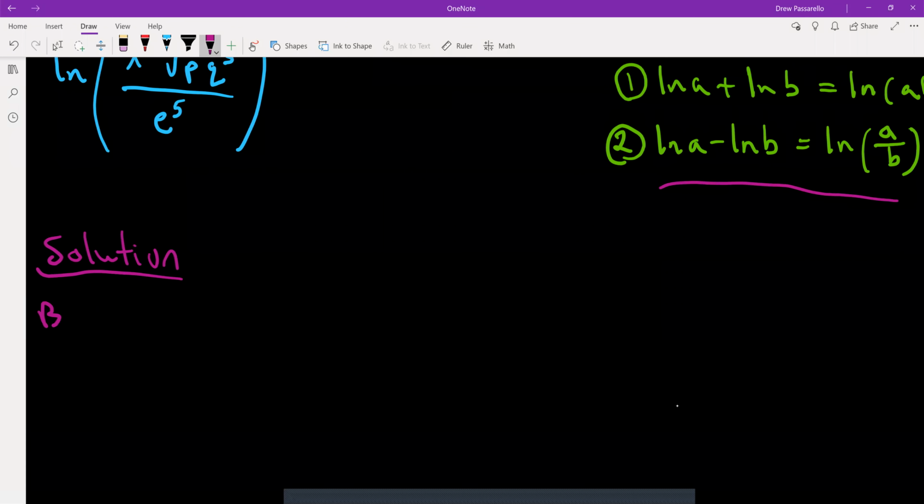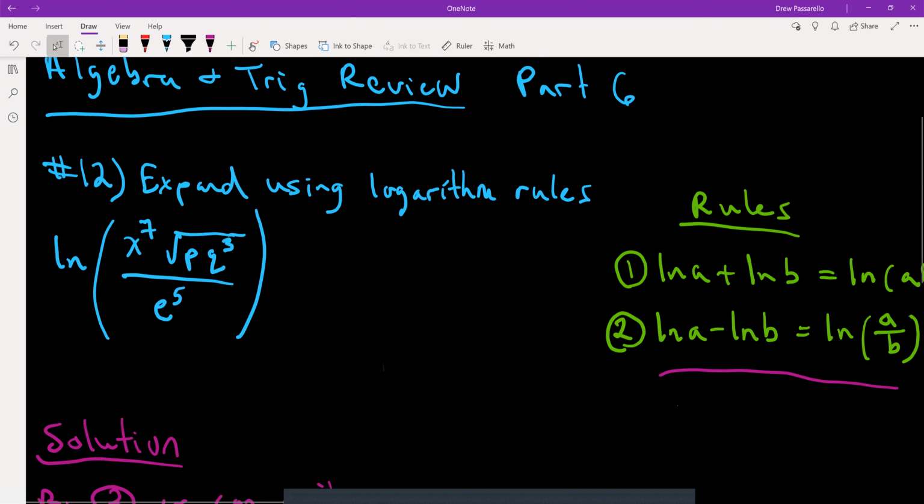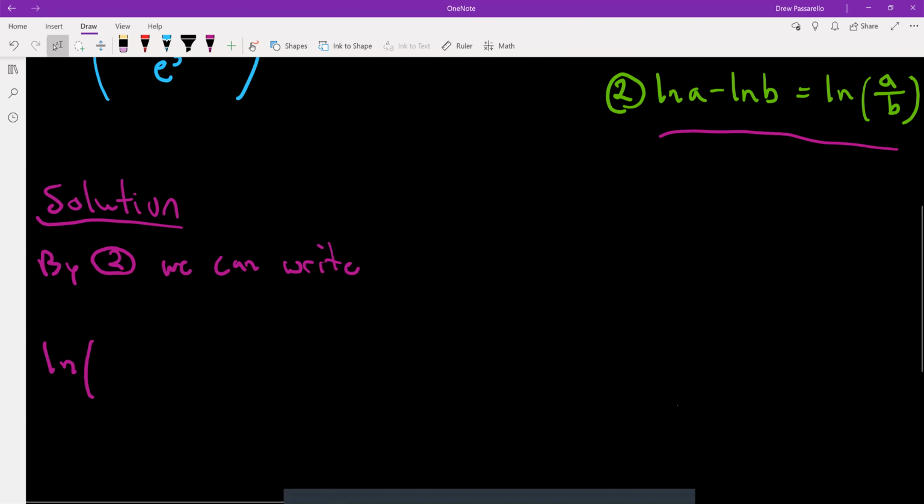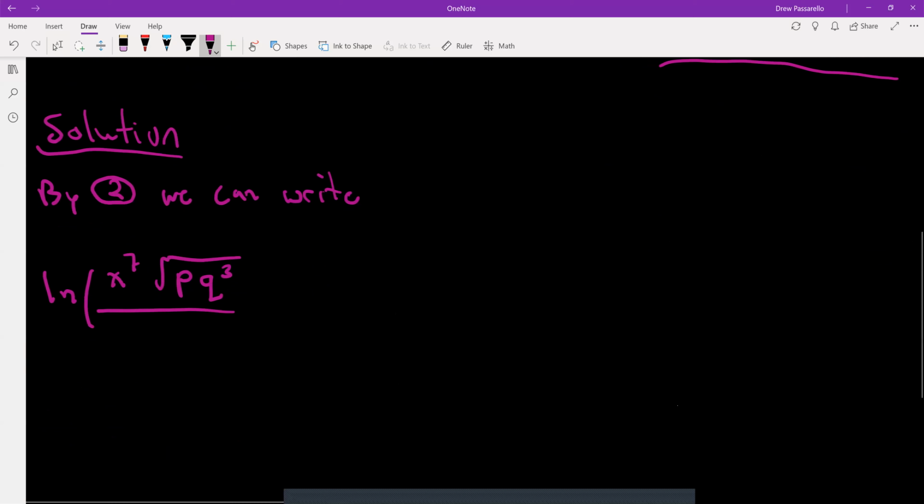So by 2, we can write it's x to the 7 square root of pq to the 3rd divided by e to the 5th.